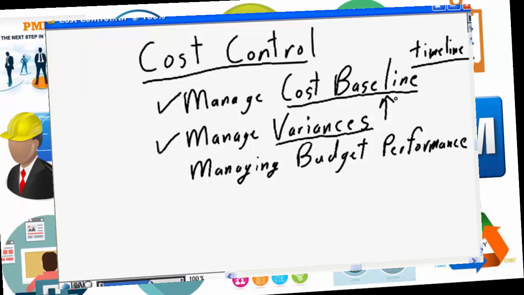If there is a run on certain materials, if there's a worldwide shortage of material that you need for your project and the cost escalates at an unpredicted rate, you need to manage the variance and adjust the cost baseline, meet with the project sponsor to say, hey, the material we need for our project has increased in price by 100%.